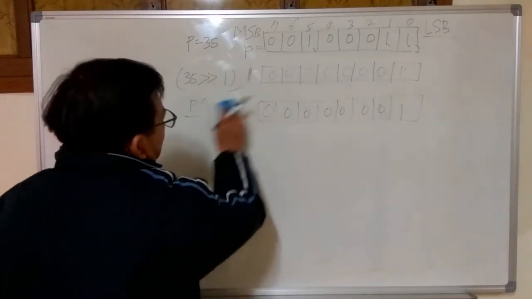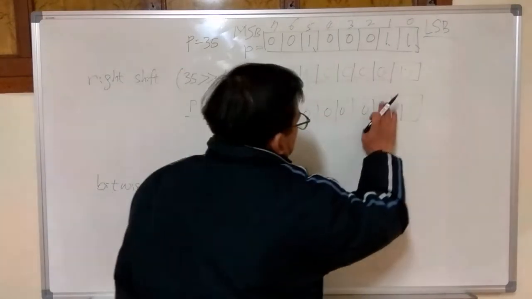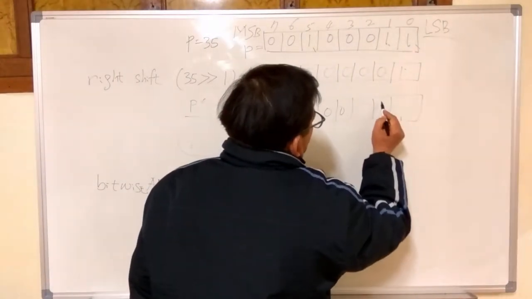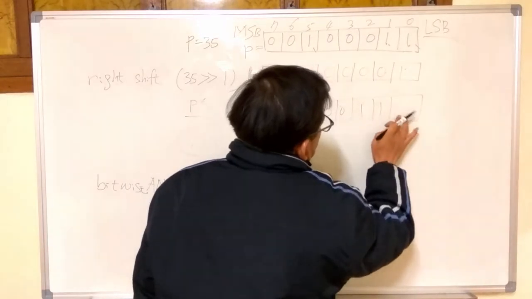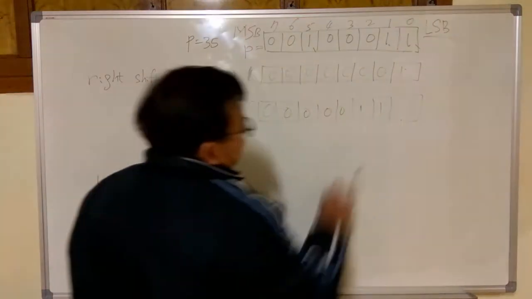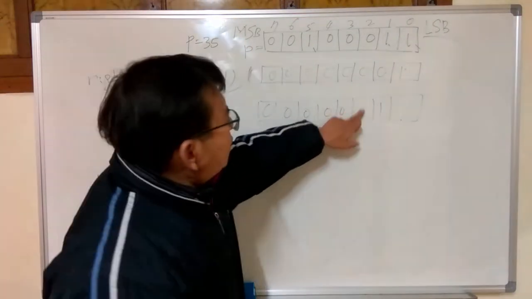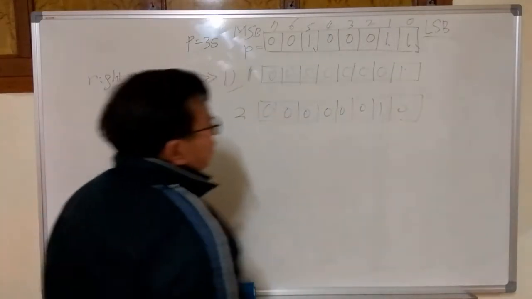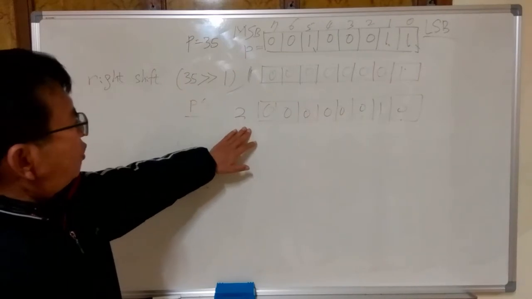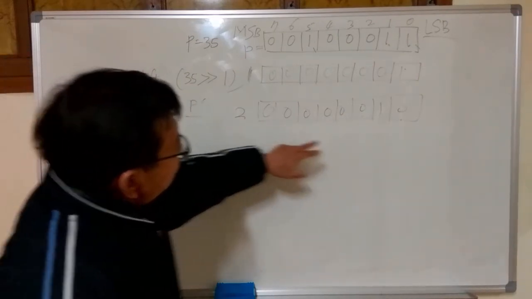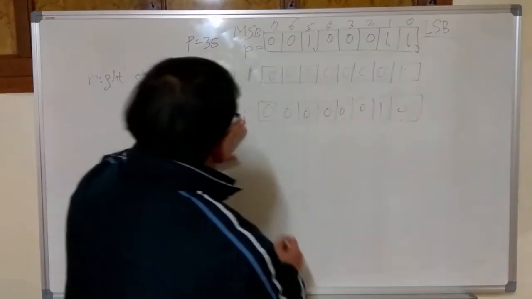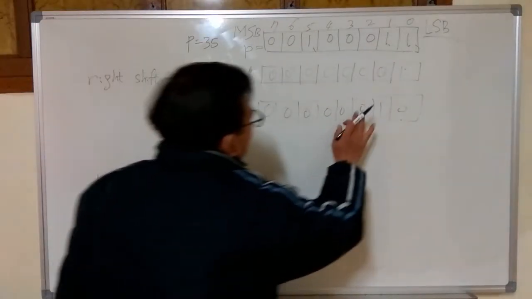If, for example, P is 1, 1, this is 2 in decimal number. Or 2, this is 4. 5, for example.